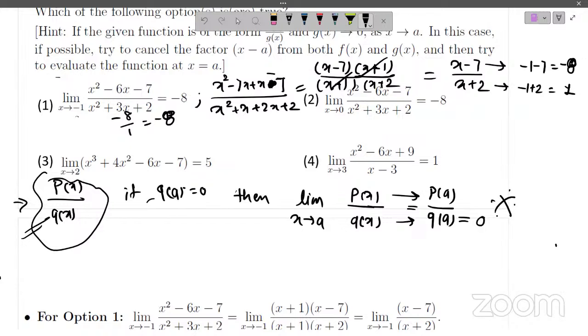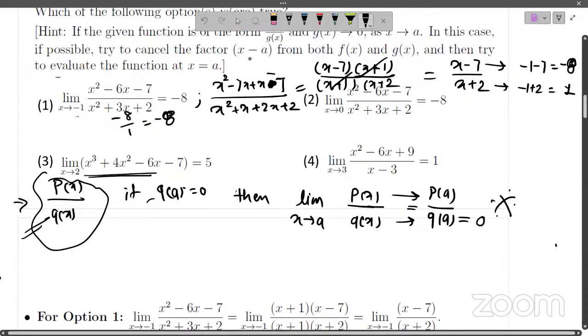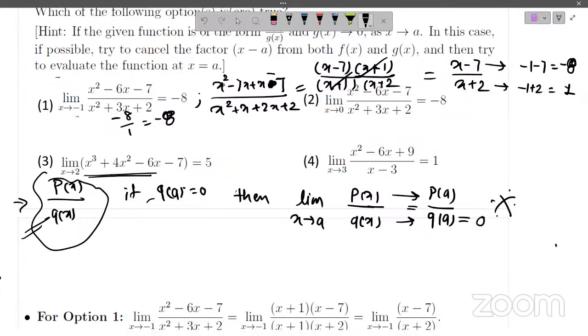Sometimes you can just put in the value of the limit as it is. For example, in this question it is simply a polynomial, so to find the limit I just put 2 in place of x: 2 cubed plus 4 times 2 square minus 6 into 2 minus 7, which equals 5. So this option is also correct.